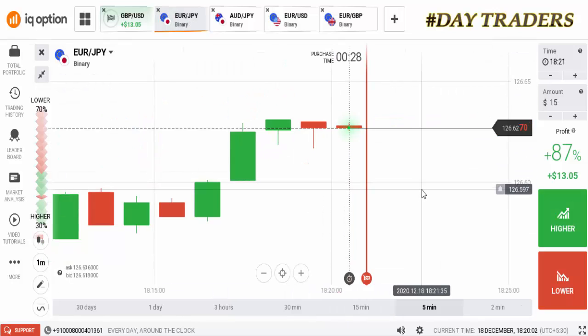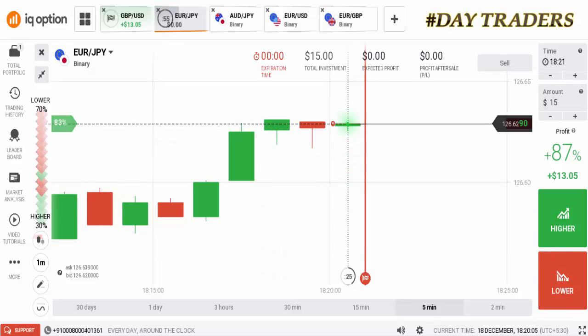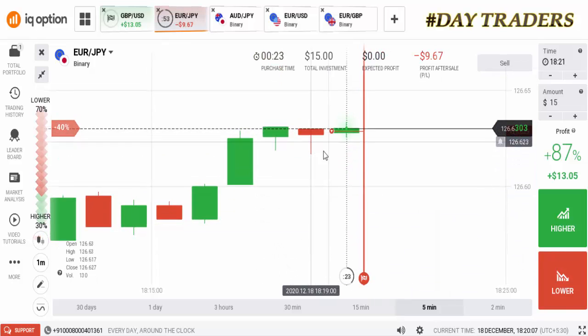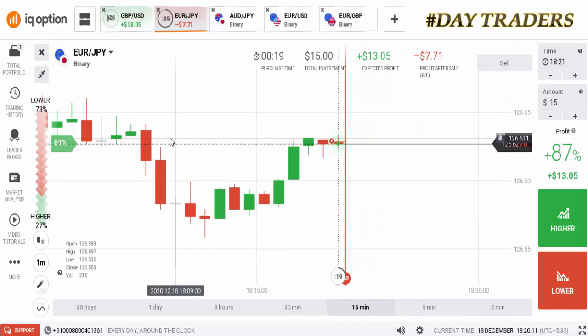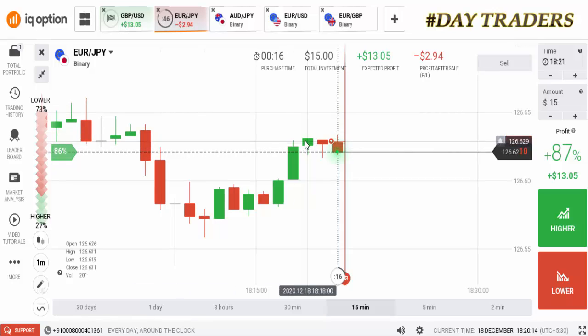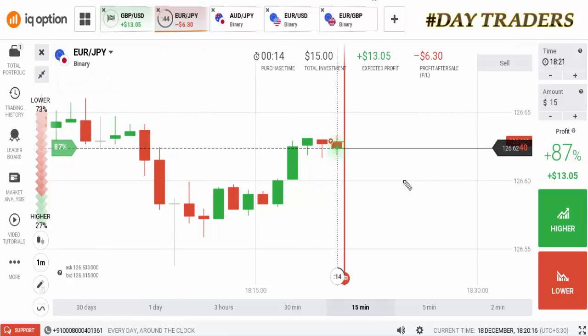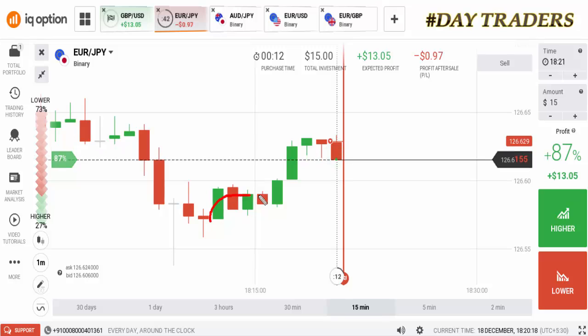I'll check the next pair. So I'll place a lower option. This is a reversal sign, so that's the reason I place a lower option. It's a good sign of reversal. And this is market momentum.